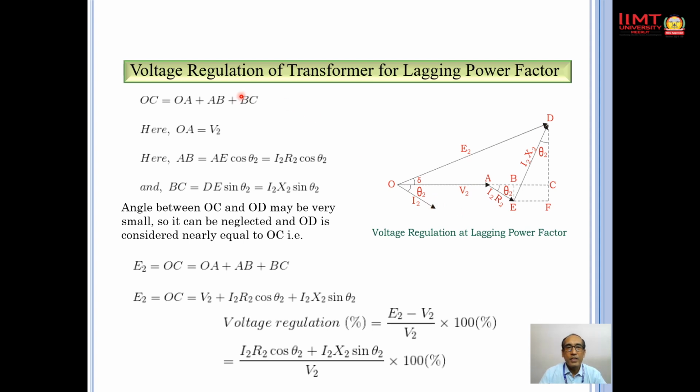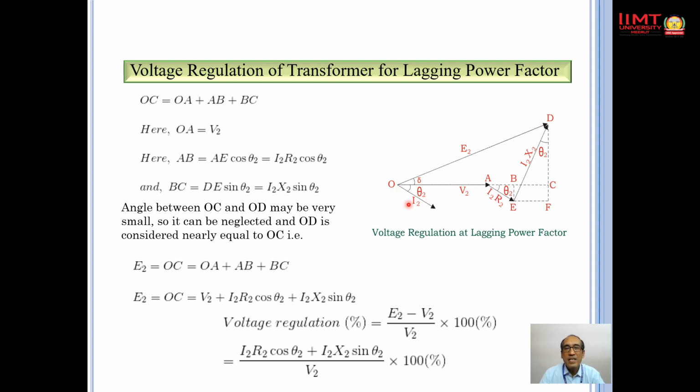So the voltage regulation of the transformer for this lagging power factor: starting from V2, we have some voltage drops in terms of resistance and reactance, and then finally we get the induced EMF at the secondary side, represented by E2. In this geometrical figure, OD represents E2. When the angle between OC and OD is very small, we can neglect it and OD is considered nearly equal to OC.